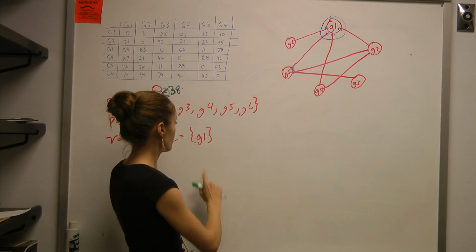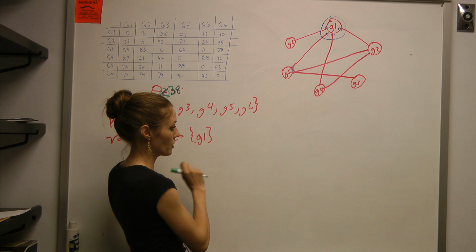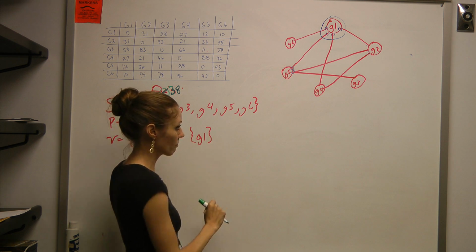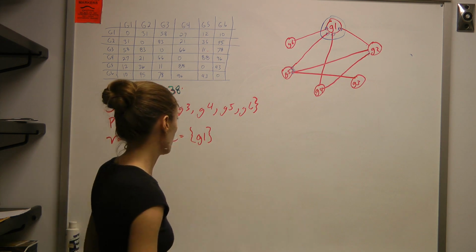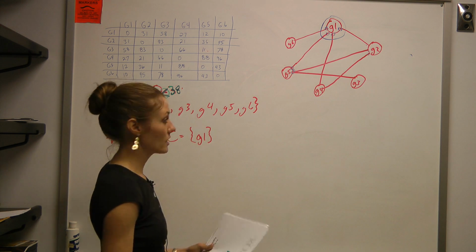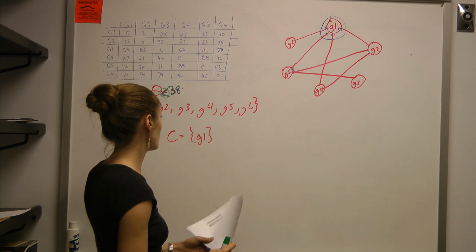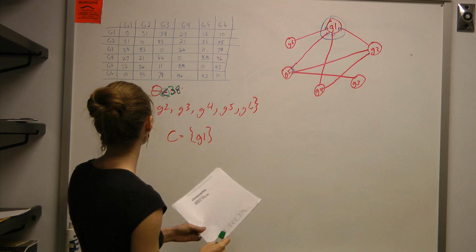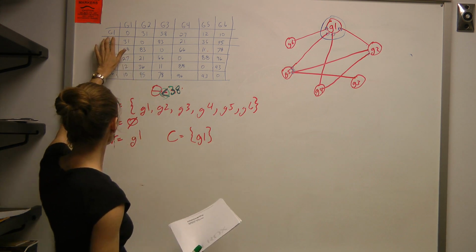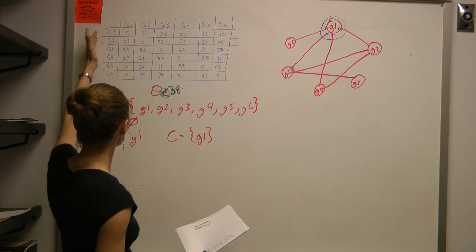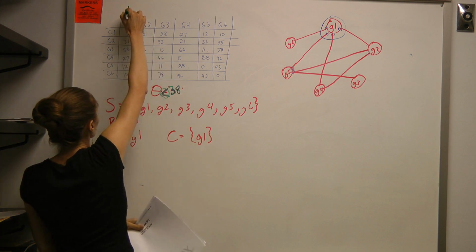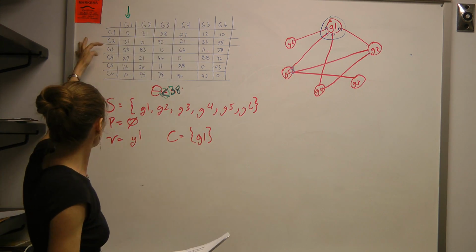So for our first, we have a cluster which only has one element in it. So this is really easy. We want to see if there are any genes that are close to G1, the cluster G1. So we're looking for what's close to G1.